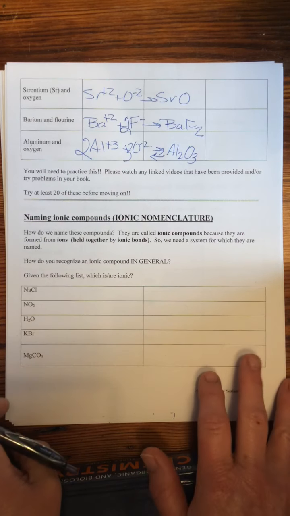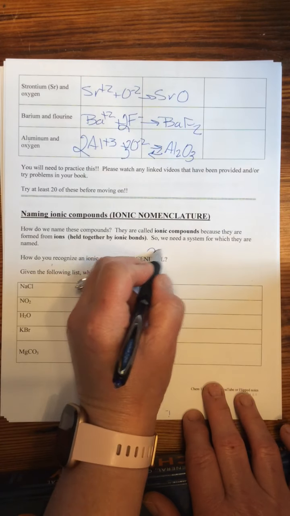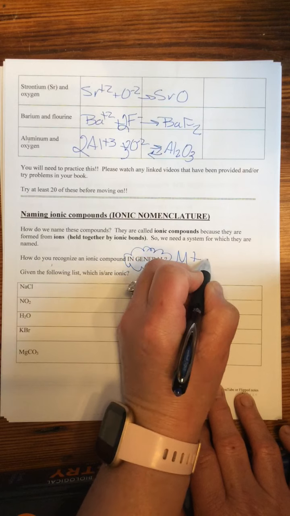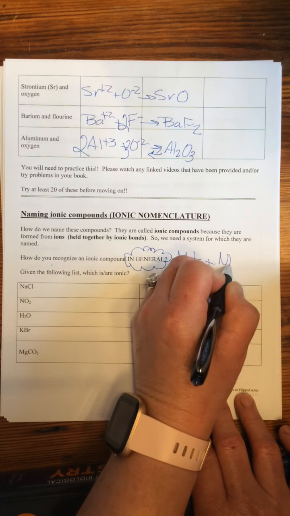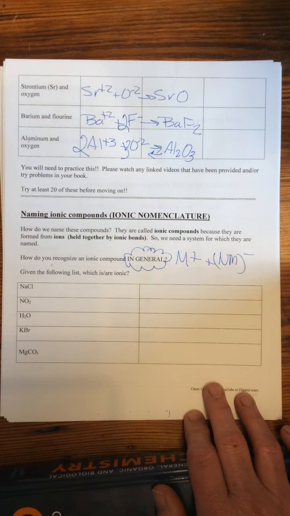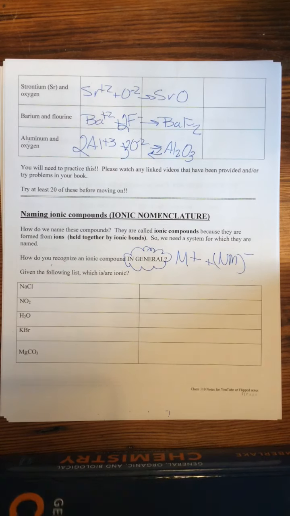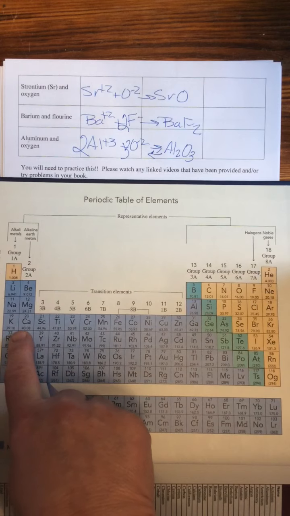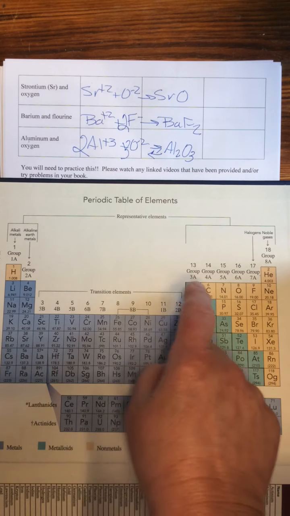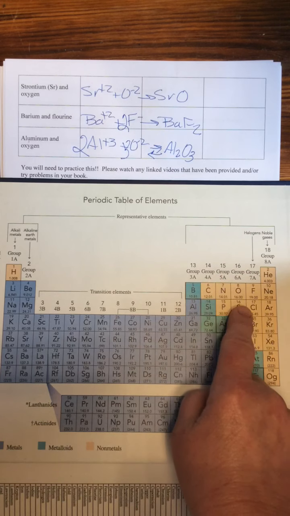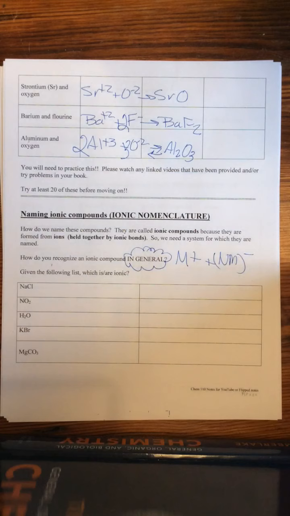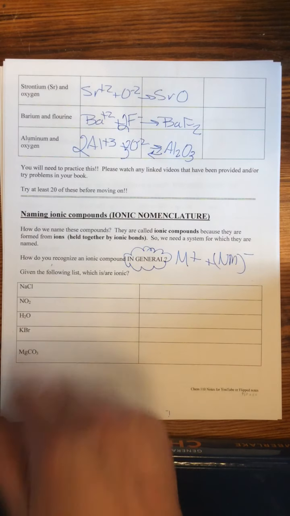So generally, but not always, you're looking for a metal and a non-metal. Okay? When you see a metal with a non-metal, it's likely to be ionic. If you see two non-metals together, that can't be ionic. Okay? So, first thing we want to do is look at this list.